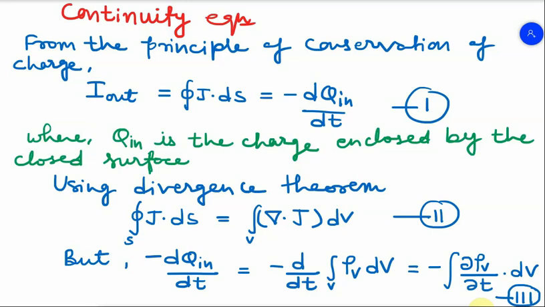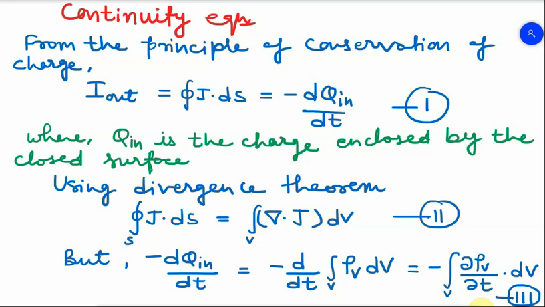This means that the integral of del dot J dv equals the negative integral of partial rho_v upon partial t dv. Both are volume integrals and their right-hand sides are the same, so if we compare equations 2 and 3, certainly del dot J equals minus partial rho_v upon partial t.